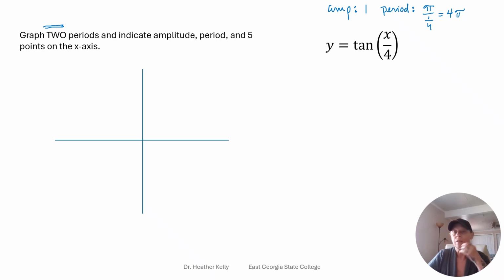All right, so probably the easiest way for me to do it is let's just draw it and then put in our numbers. Let's do that. That's usually how I do this without thinking it through beforehand. So let me just draw in 2 periods.